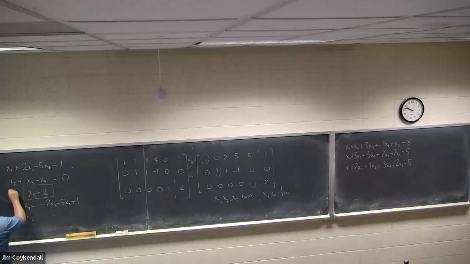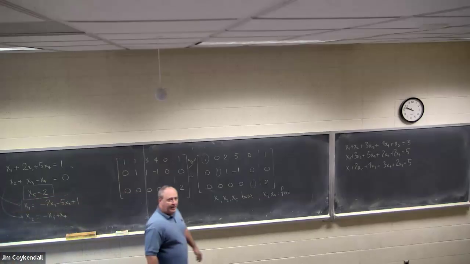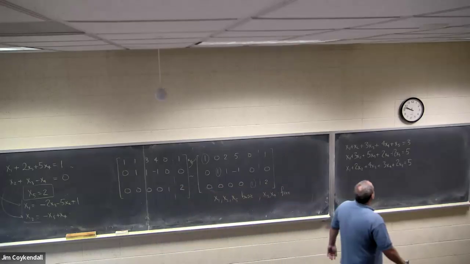And x2 is equal to minus x3 plus x4. And so see, my basics, x5, x1, and x2 are determined by the free variables. Here's a formula of free variables, here's a formula, and this is trivially a formula of free variables. What do the solutions to this look like?